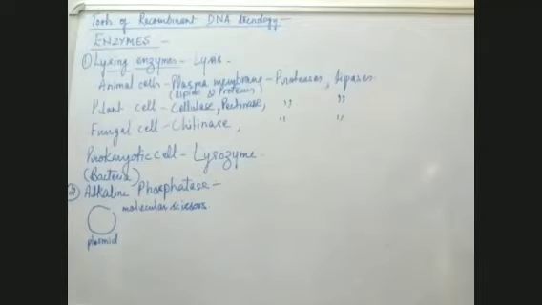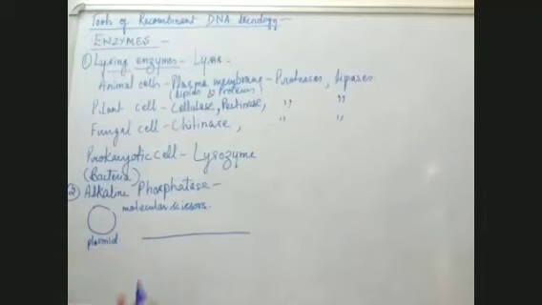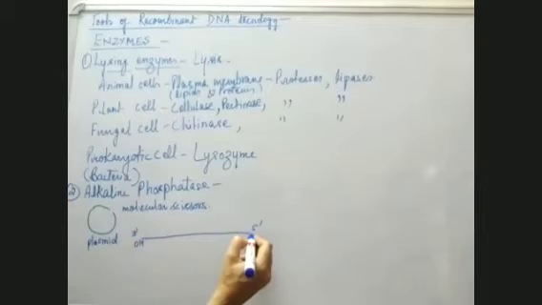Now, when a cut is made, it will take a linear shape, and because it is genetic material DNA, it will have 3' and 5' ends. The 3' end has a hydroxyl group, OH, and the 5' end has phosphate. This is what we will obtain.